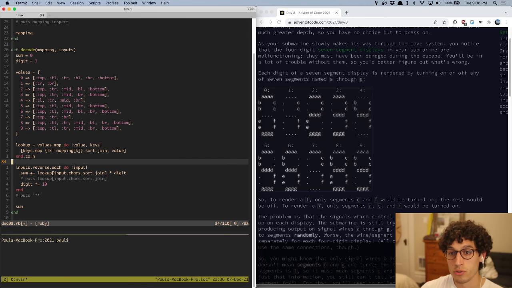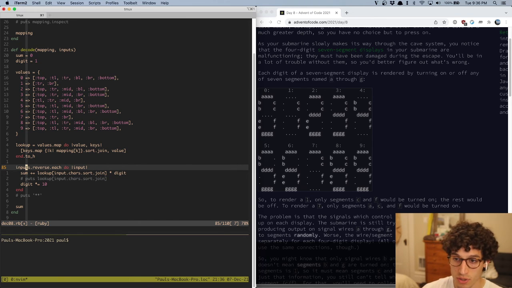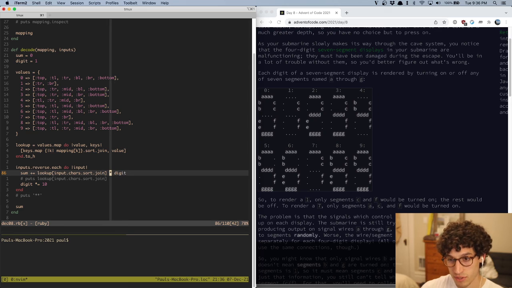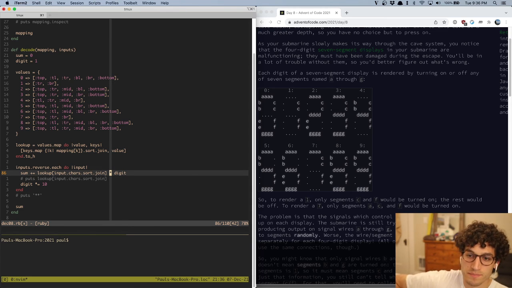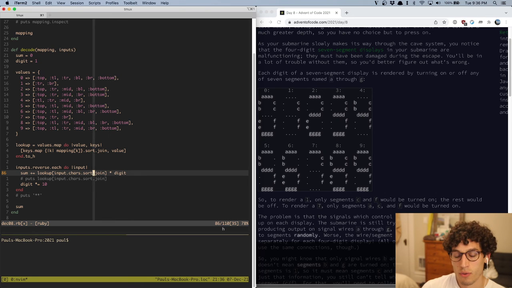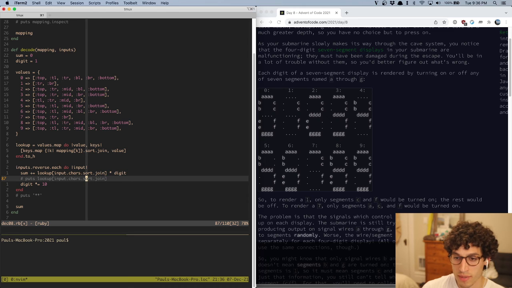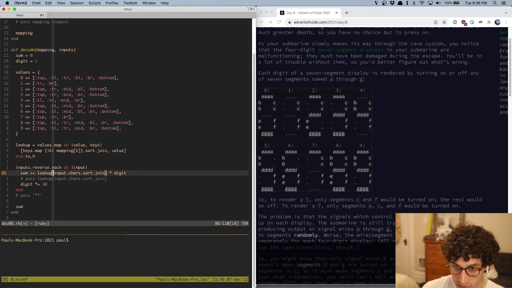And then I loop over my inputs in reverse order, multiplying by 10 each time. For each input, I take the characters, I sort them, join them back together, look that up in my array, multiply it by whatever, like hundreds place power of 10.